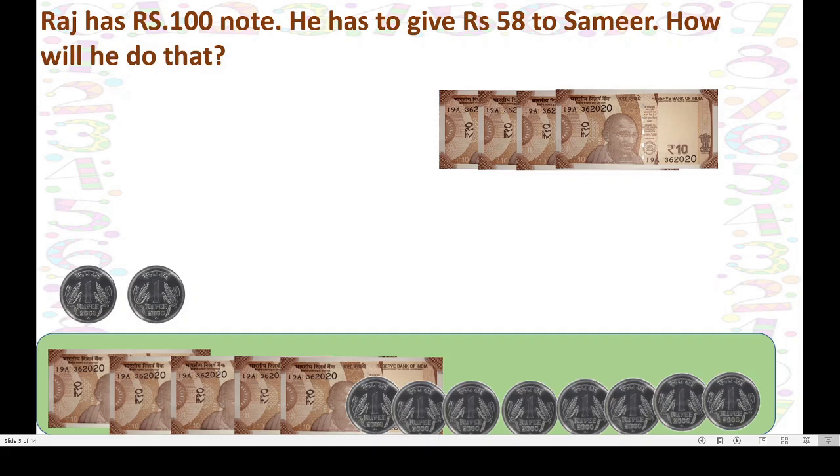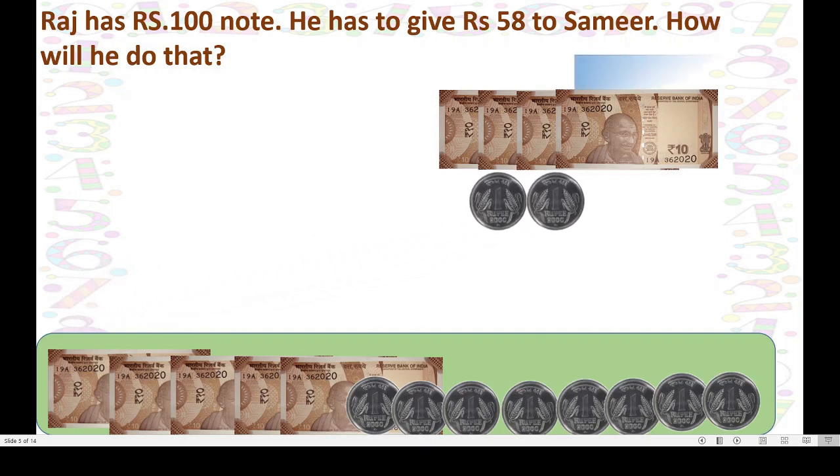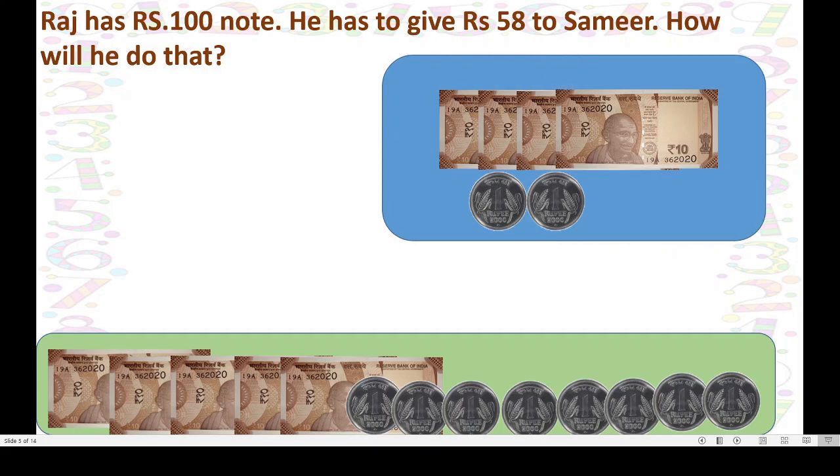And how many rupees are left with Raj? Here there are 1, 2, 3, 4, that means 40 rupees, plus these two. Together it is 42, isn't it?